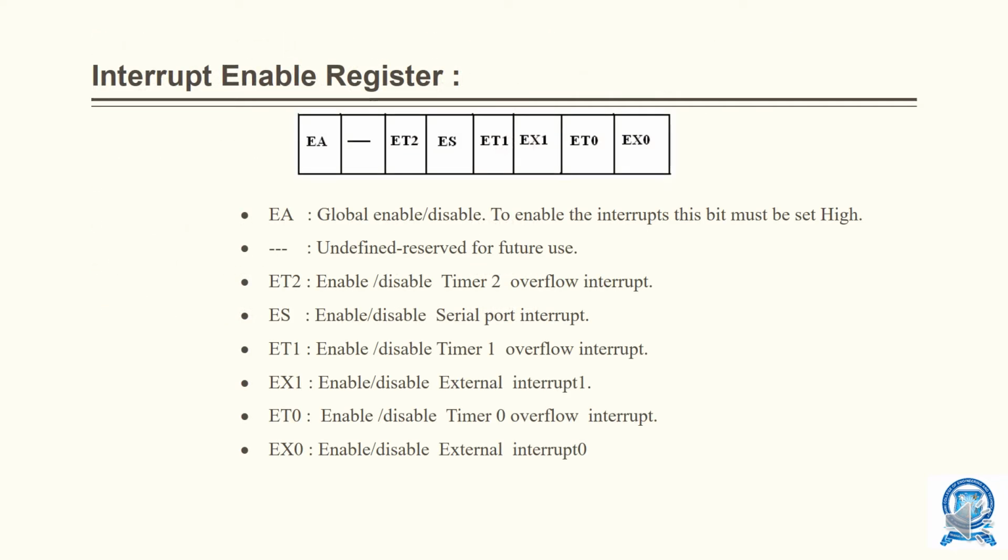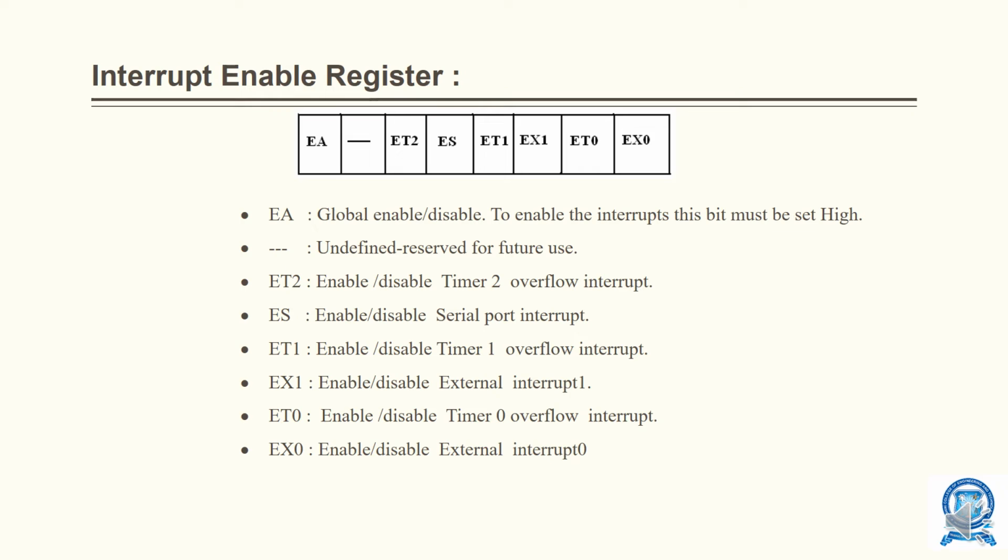Interrupt enable register. How and which interrupt is enabled is identified with the help of this bit addressable register. So here you can see EA, ET2, ES, ET1, EX1, ET0 and EX0.